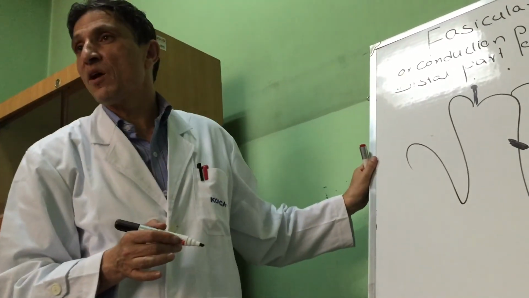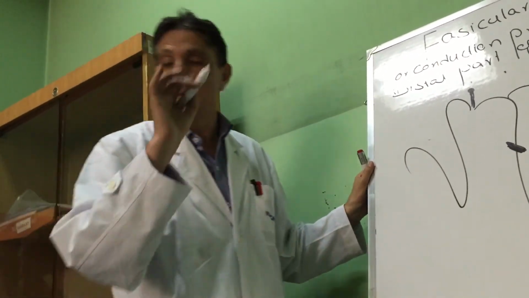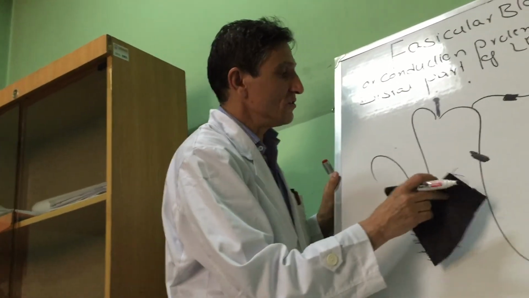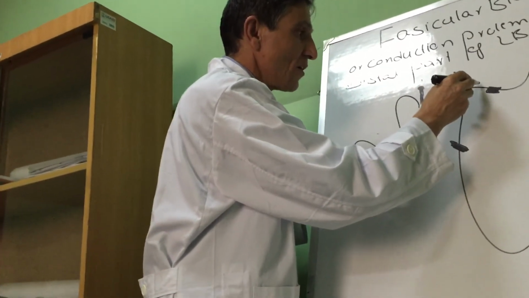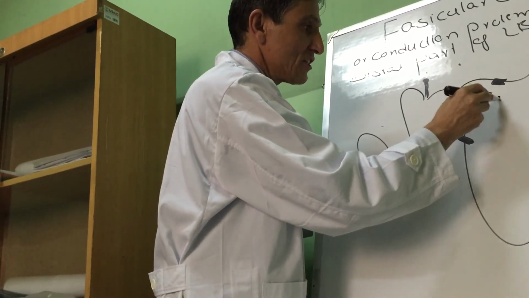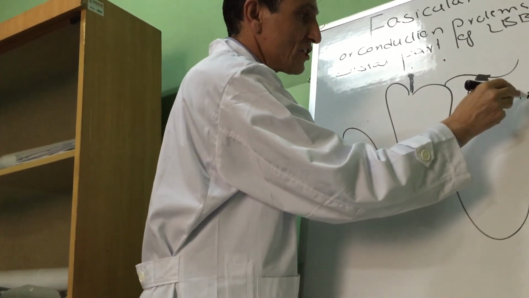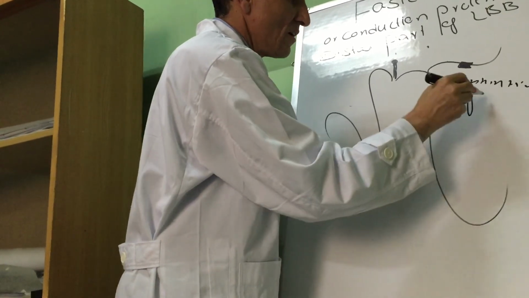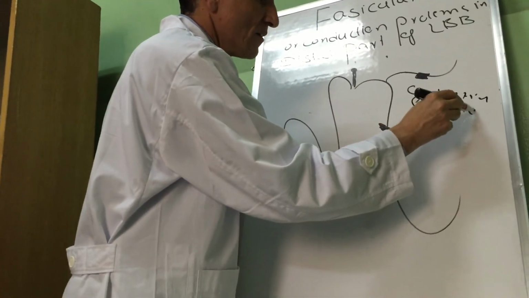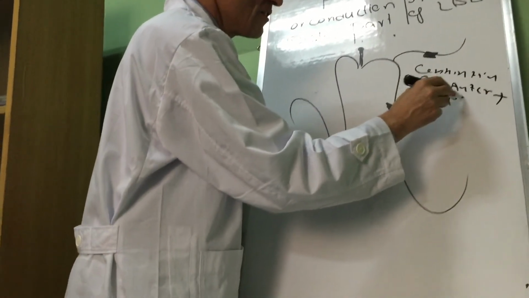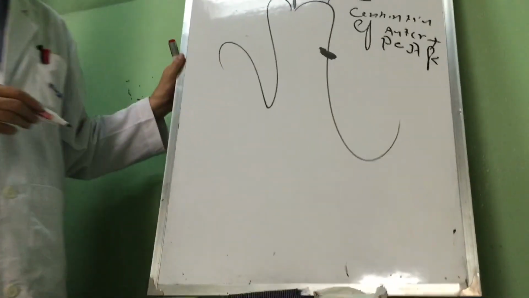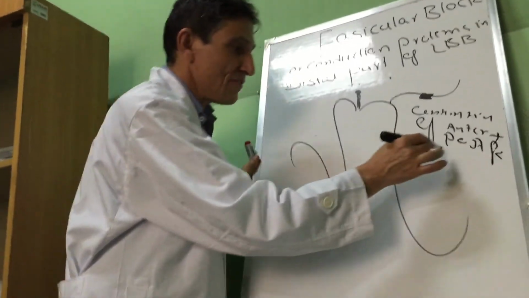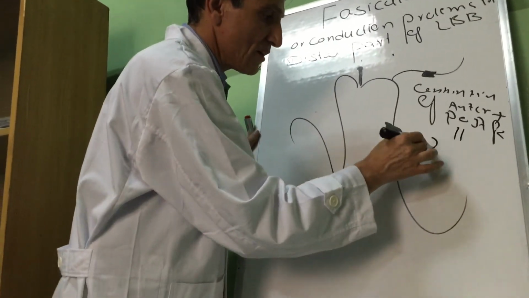Posterior fascicular block is called left posterior hemiblock. Number 2, the combination of anterior plus posterior fascicle block is equivalent to left bundle branch block.